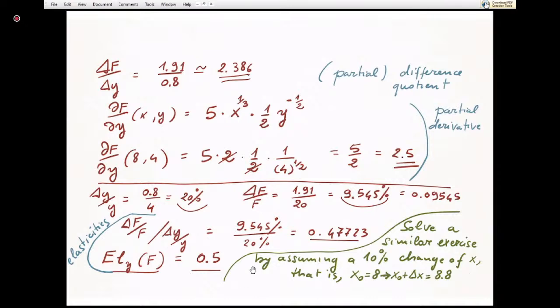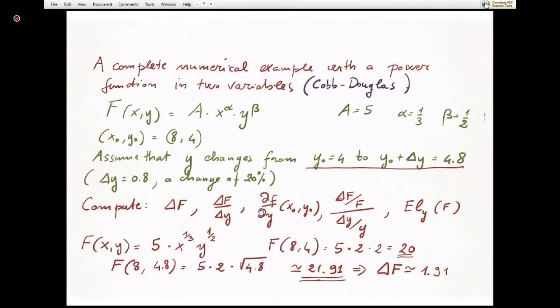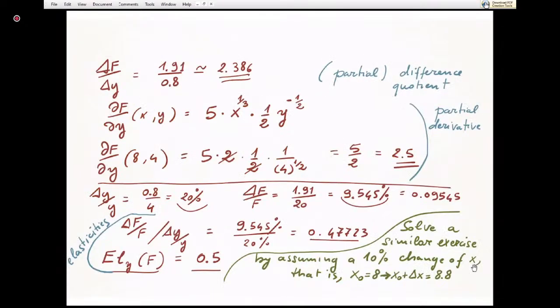So you can try to figure out what happens, try to solve a similar example by assuming now, for instance, that y is fixed at the initial level, 4, and you assume a change of the first input factor. For instance, a 10% change of the first input factor, which becomes 8.8.